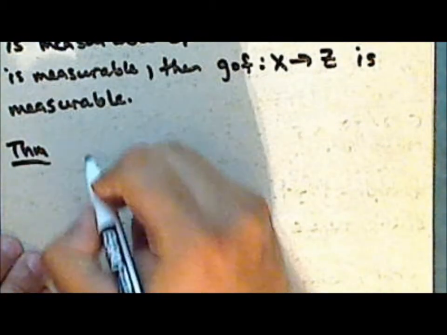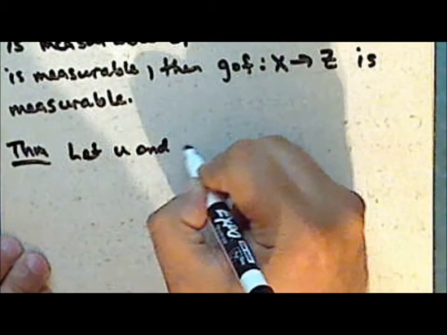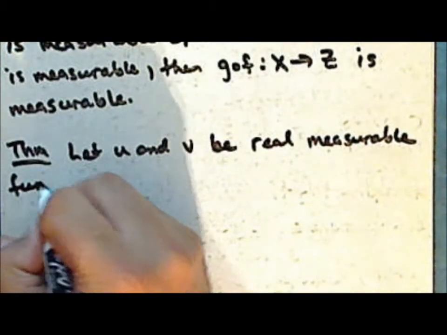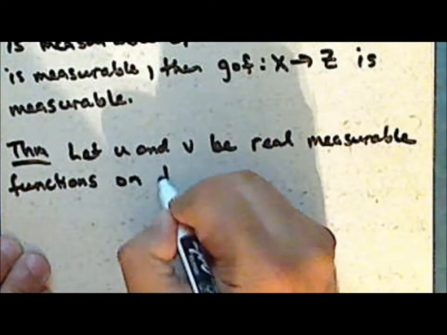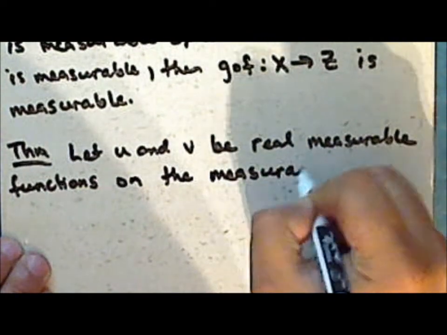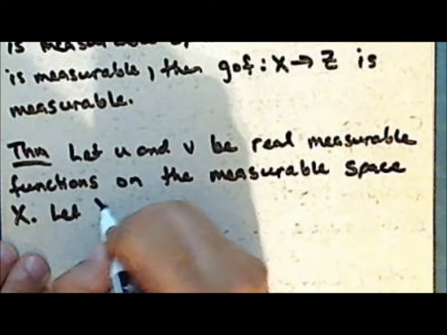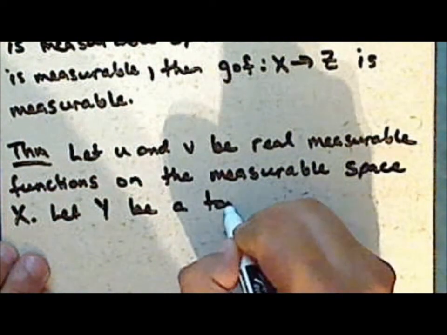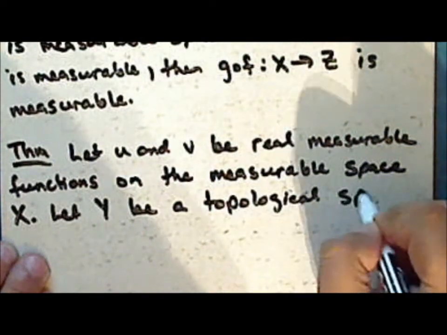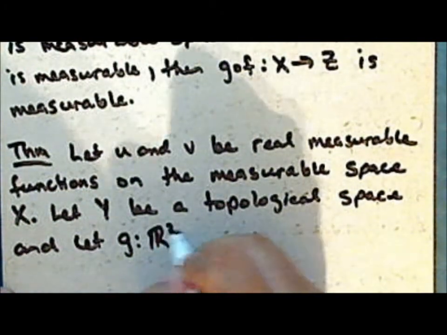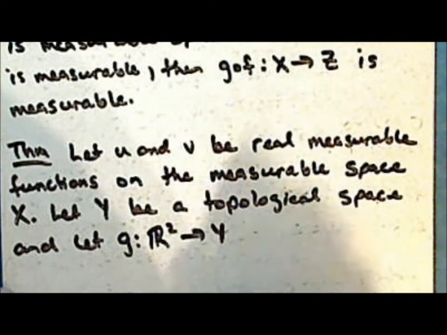All right, so now the theorem of interest. Let U and V be real measurable functions on the measurable space X. Let Y be a topological space, and let the function G, mapping the real plane into the topological space Y, be continuous.